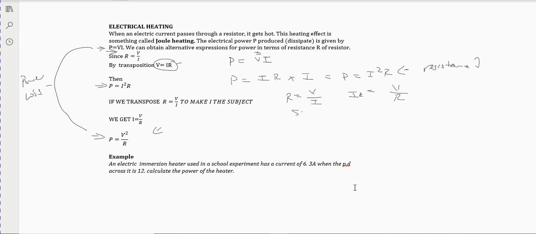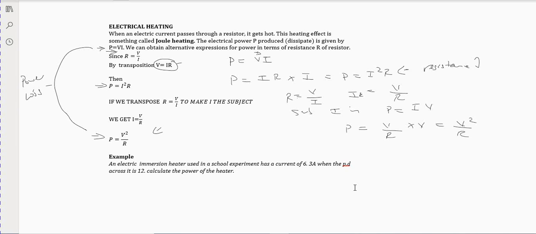So if we sub I in P equal I times V, we are left with P is equal to V over R times V, which leaves us with V squared upon R. So those are the three equations that we can use from time to time to find the power, depending on what is given to you.